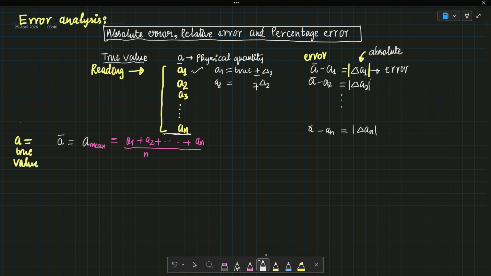So we have calculated the absolute error, not only the error. And if we take the mean of this, the mean of mod delta A1 and so on, we will take the absolute errors and take the mean of them.